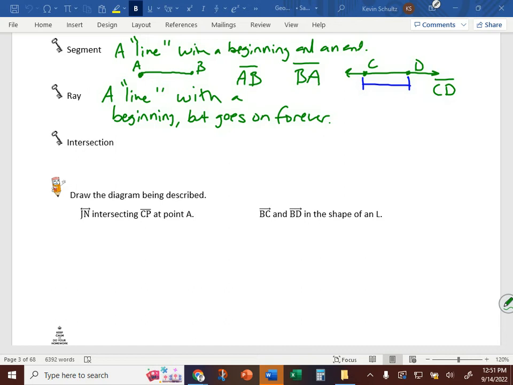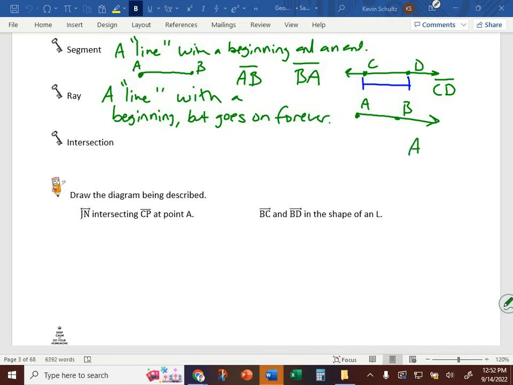But what a ray looks like is, we'll use A and B again. A ray begins at point A and continues through point B. When you notate a ray, it's important to notate which point it starts at and which point it continues through.